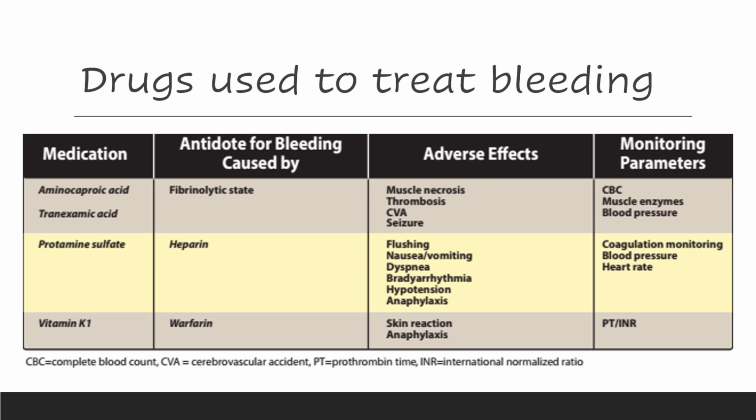So how do you treat bleeding in these conditions? If there is bleeding caused by fibrinolytic agents, you can give tranexamic acid. The antidote for heparin overdose or bleeding due to heparin is protamine sulfate, and for warfarin, which is a vitamin K antagonist, if you have bleeding, you can give vitamin K1.